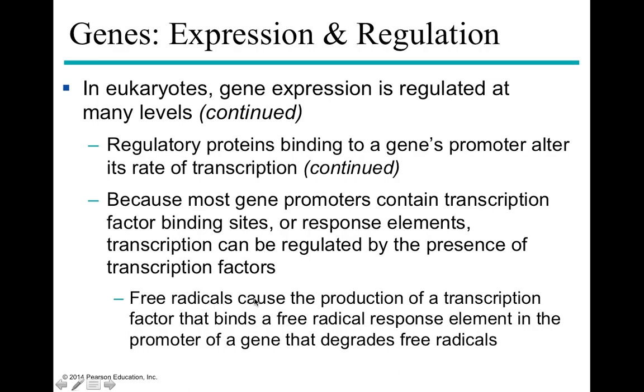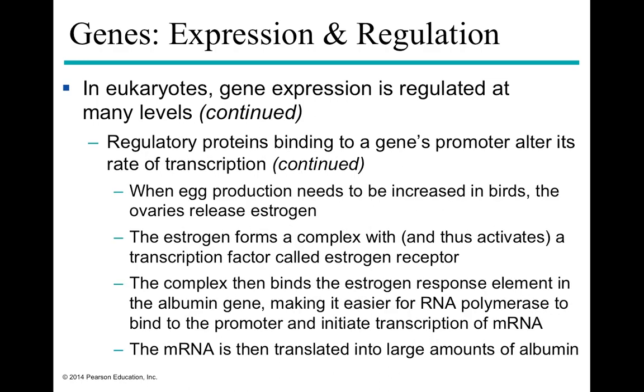So free radicals can create a transcription factor that binds to the free radical response element in the promoter of a gene that degrades free radicals. So if we have too many free radicals in solution, free radicals themselves trigger a response, then we're going to create more of the protein that's responsible for degrading the free radicals. Does that make sense? So a lot of these regulations happen in response to increase or decrease of particular substrates or products.